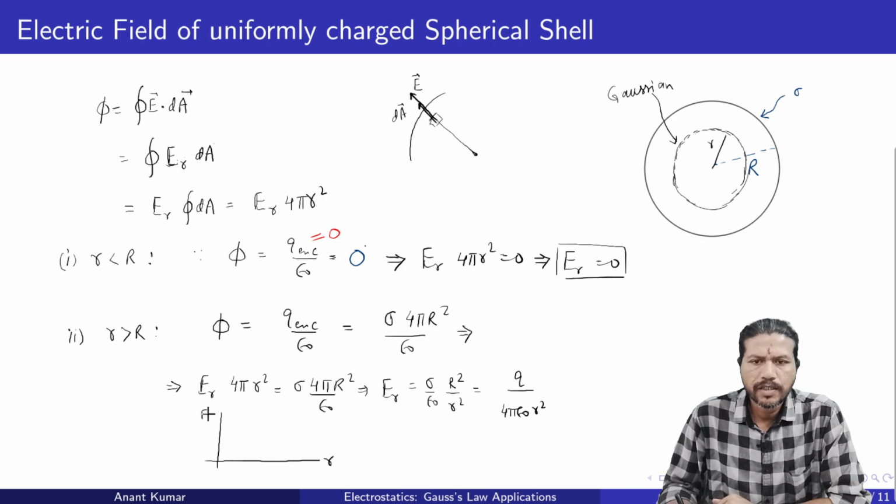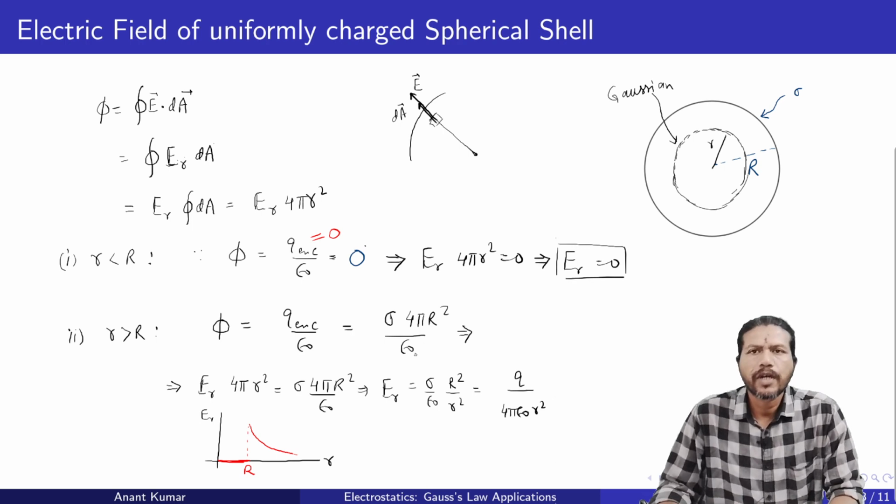If I'm inside the shell, the electric field is simply 0, but just when I reach the surface, it suddenly jumps to a certain value, which is nothing but sigma by epsilon 0, that you could see when I use small r equal to capital R, basically the limit of the electric field from outside points. So it just jumps to a certain value when we reach the surface, and it simply falls as 1 by r square. This is the electric field due to a uniformly charged shell.